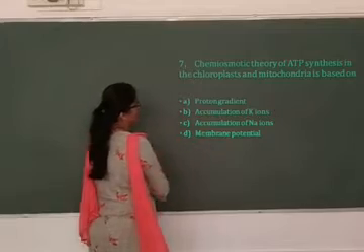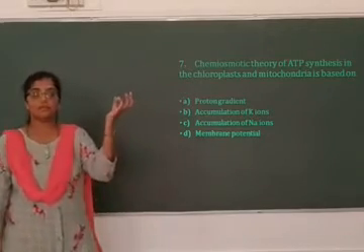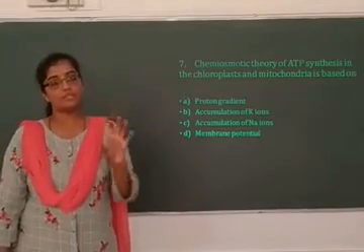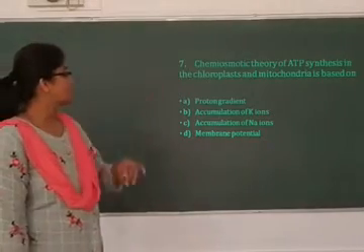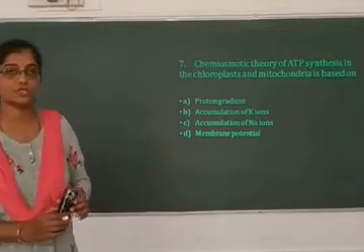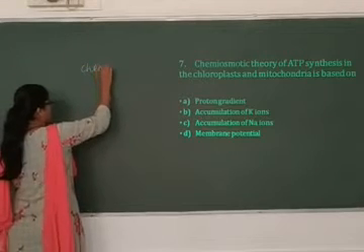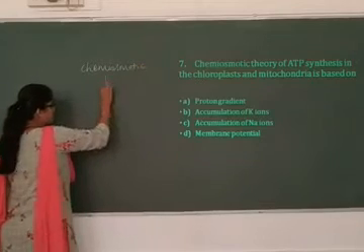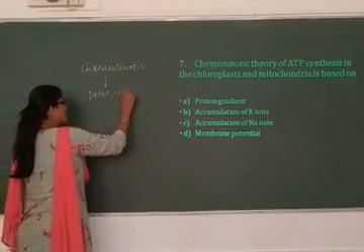Chemiosmotic theory of ATP synthesis. Before that, the nucleolus again is the site of synthesis of rRNA, ribosomal RNA. So it is called the ribosome factory of the cell. The chemiosmotic theory of ATP synthesis in the chloroplast and mitochondria is a theory proposed by a scientist called Peter Mitchell.